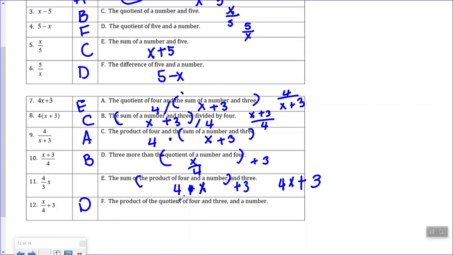And then the product of the quotient of 4 and 3 and a number, so the quotient of 4 and 3 is 4 over 3, and product means multiplied by a number, so 4 over 3 times x is 4x over 3, it is F.